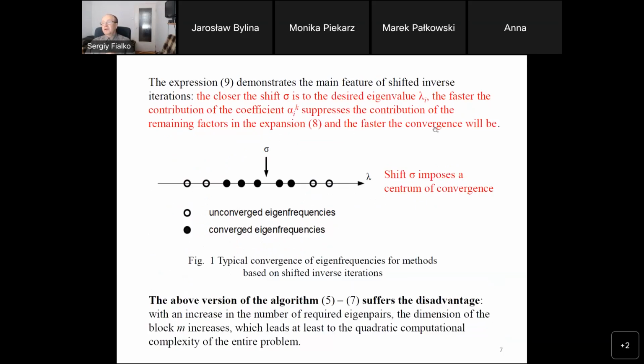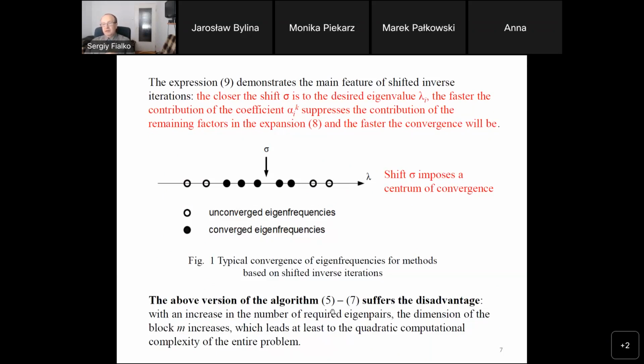And the faster the convergence will be. Here is shown the typical convergence of eigenfrequencies for methods based on shifted inverse iteration. You see that shift sigma imposes a centrum of convergence.